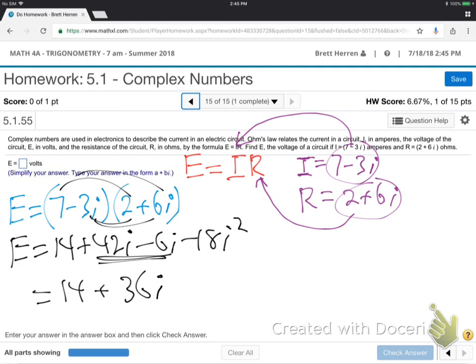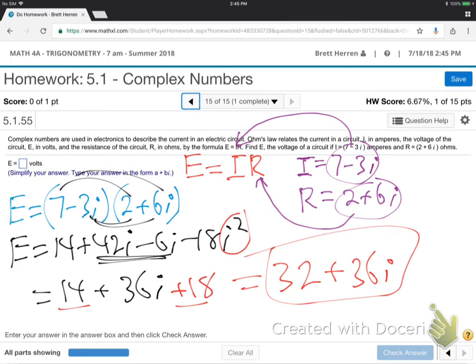Plus 18. Because I squared is negative 1. And then 14 and 18, what is that? 32. Plus 36I. Done. So it's just a real life problem with circuitry stuff.